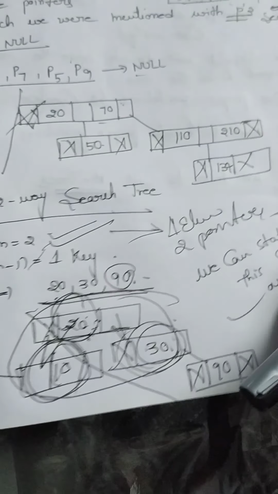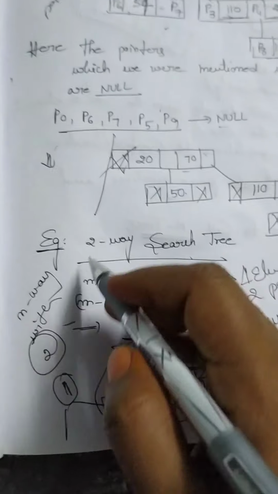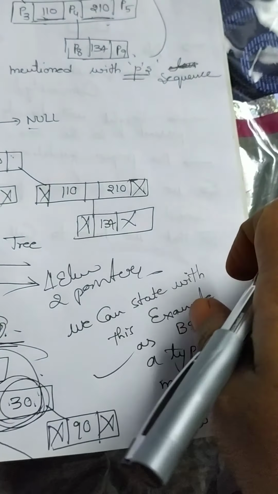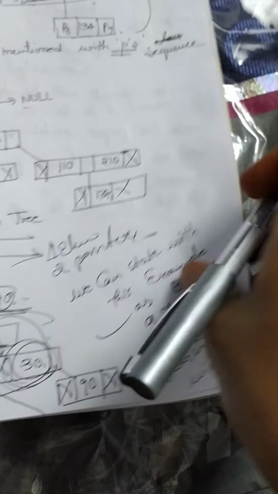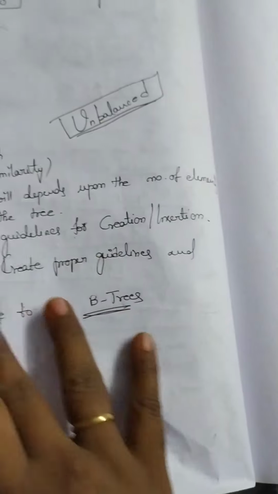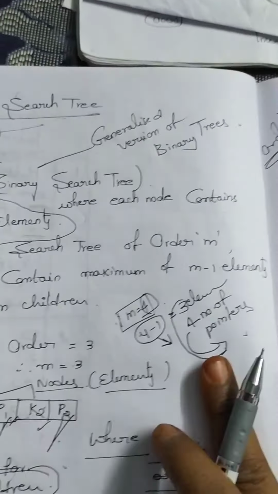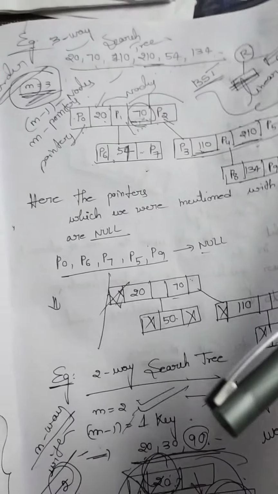So we can state from this example that a binary search tree is a type of M-way search tree with order 2, or degree 2. So this is all about the M-way search tree.